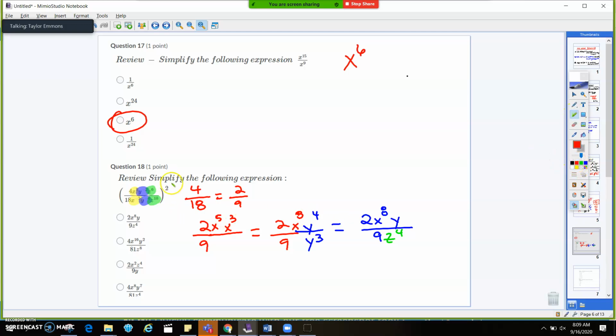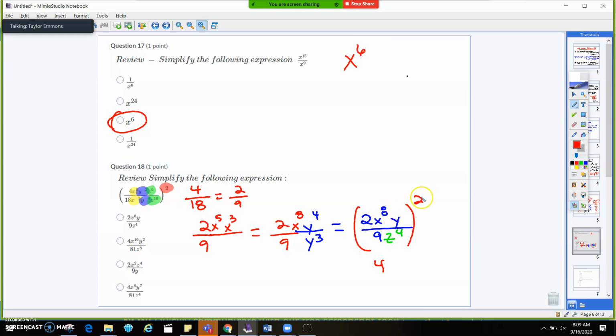Now, I don't know if y'all noticed, but there's this squared chilling out here. That's the last thing that we want to do. So everything that's inside, we're going to take it and square it. So you have to take each piece and actually square it. So 2 squared is 4.